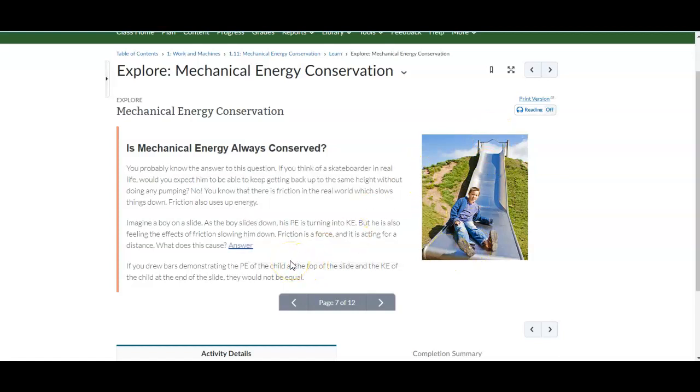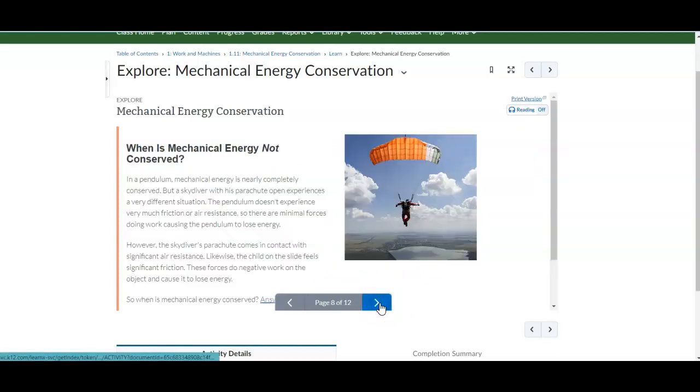So if you drew bars to demonstrate the PE of the child at the top of the slide and the KE of the child at the end of the slide, they would not be equal because some of that energy was lost to friction. So when you're answering that question for mechanical energy conserved, it's conserved when there are no other forces acting on the scenario. And when it is not, when something like friction is introduced.